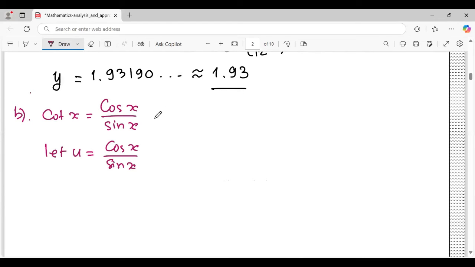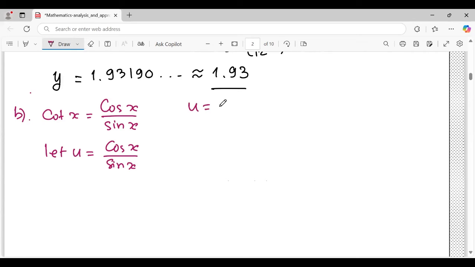Our question is cotangent x. Now I would like to find du/dx.